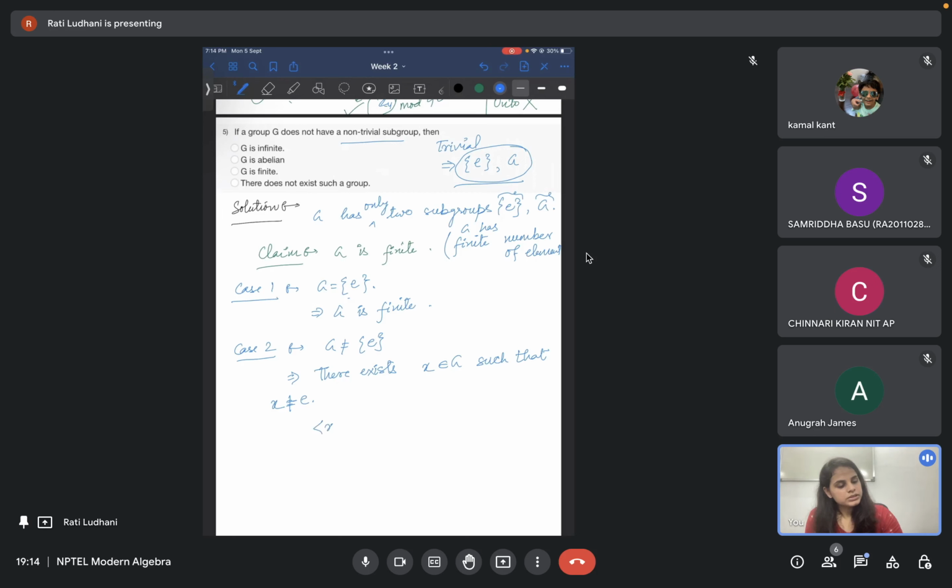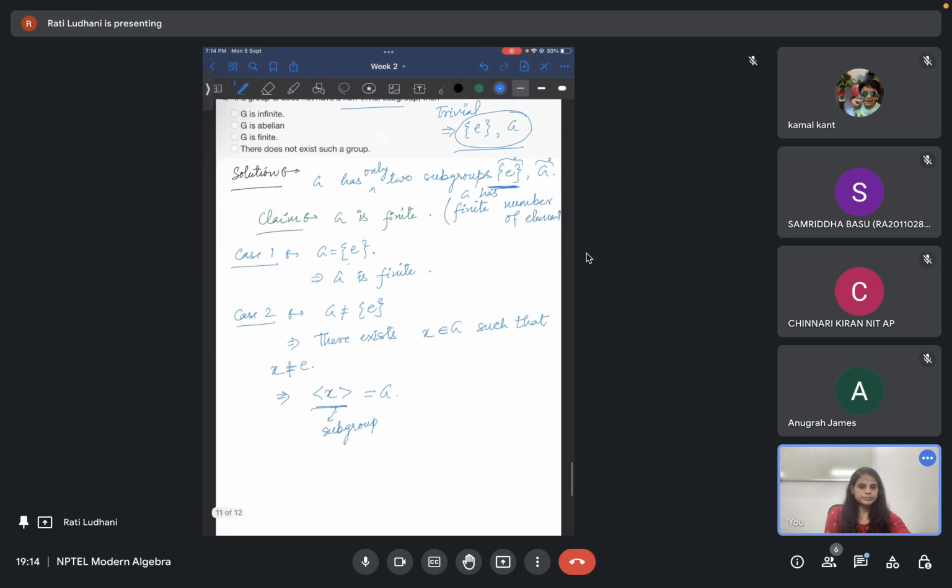The subgroup generated by x is not identity because x is not identity, so this has to equal G, because a subgroup has just two options, either the identity one or G. So this has to be G, the full group. Is it okay? Yes. Okay, so you have this condition.